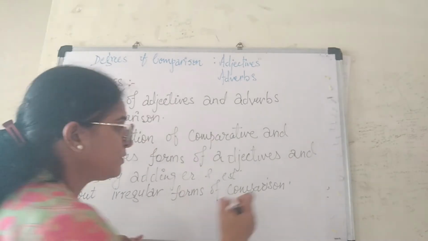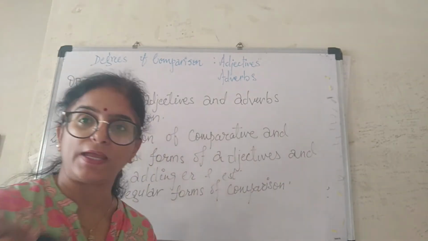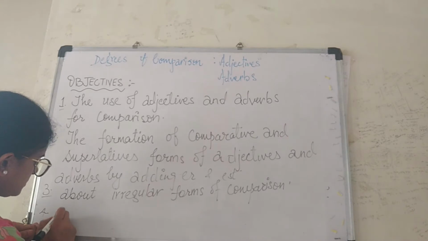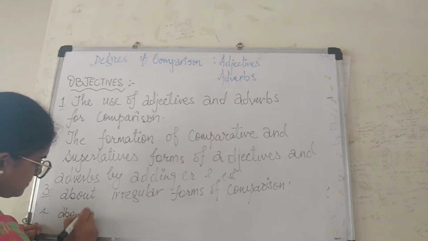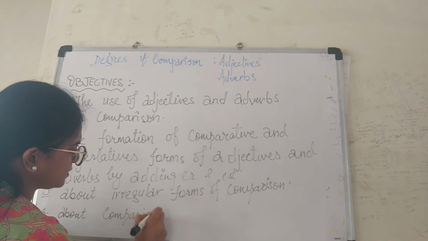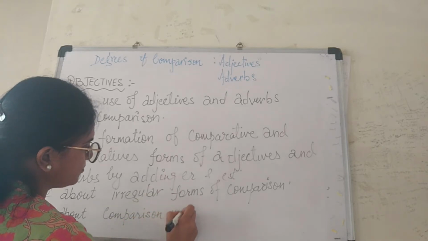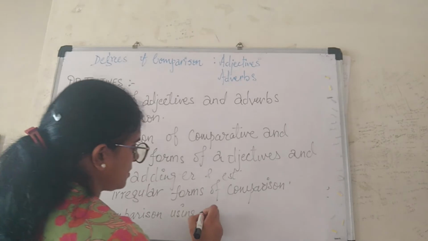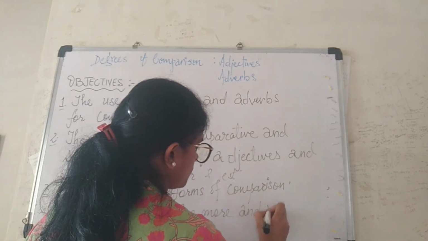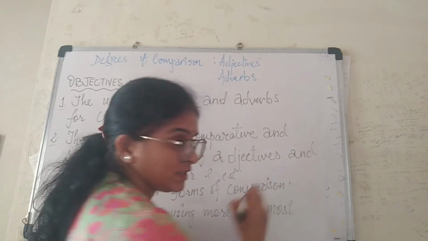You have to make comparative and superlative by adding more and most. So the last objective is about comparison using more and most. So these are the 4 objectives of today's class.